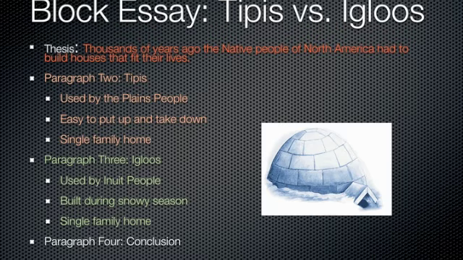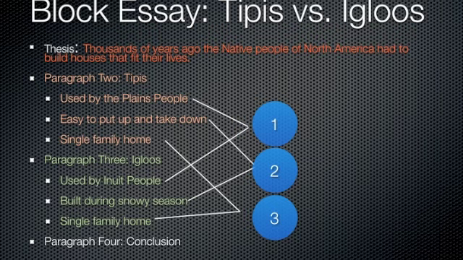But remember, this block essay format is kind of allowing your reader to make connections on their own. So they are seeing the connections. Oh, I read about the Plains people living in teepees in the first paragraph, so now that I'm reading about the Inuit people living in igloos, I know that's going to be the first thing I'm going to read. They should always match up in the same organization.